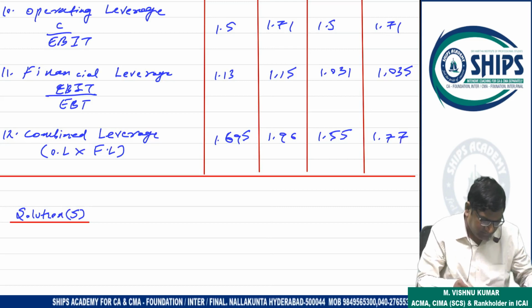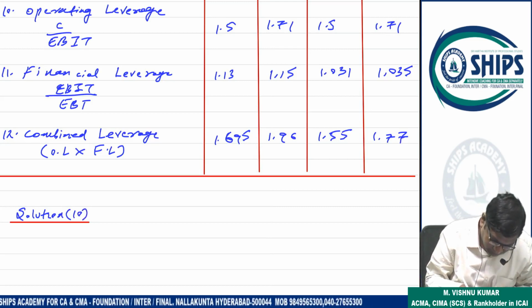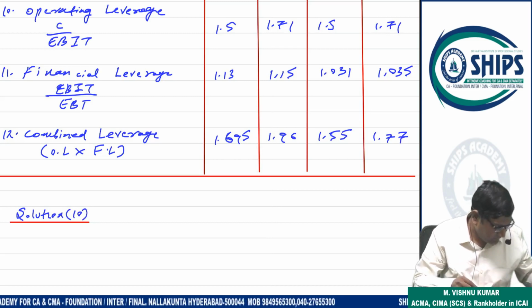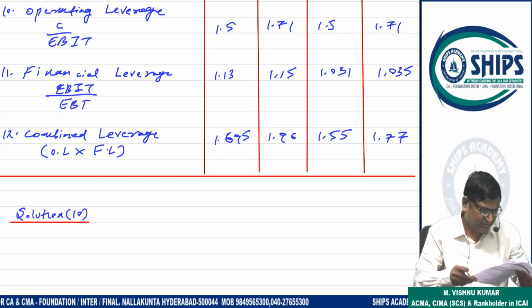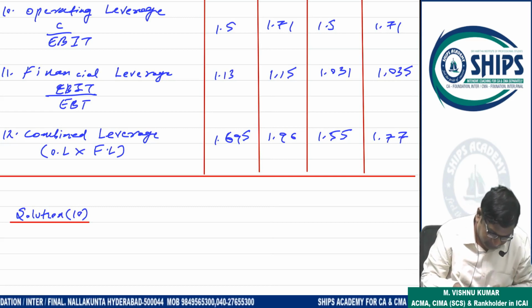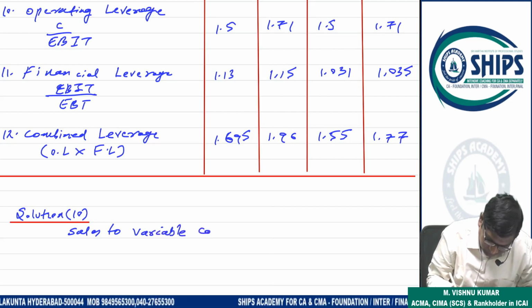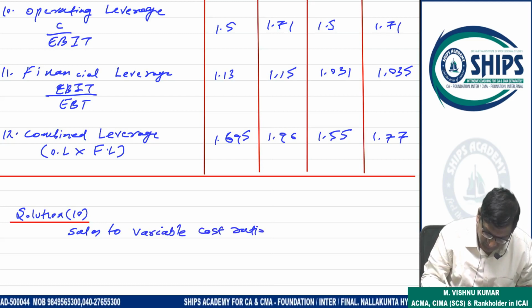Question number 10. So here first sales to variable cost ratio. Okay, this is 150%.